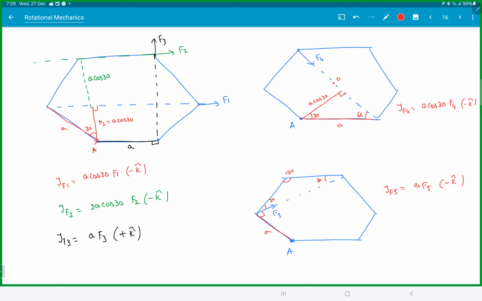Next thing is rotational equilibrium. Anusha, you're saying something? F4, you're getting the same or something else? Okay.